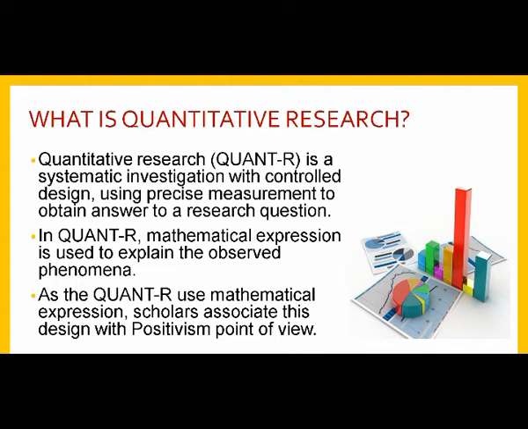So in an attempt to explain the observed phenomena, researchers will use mathematical expression as the basis to explain the findings. The process may begin with development of research hypotheses, testing the hypotheses through survey or experiment, analyzing the collected data through statistical analysis, and presenting the findings in a statistical model.